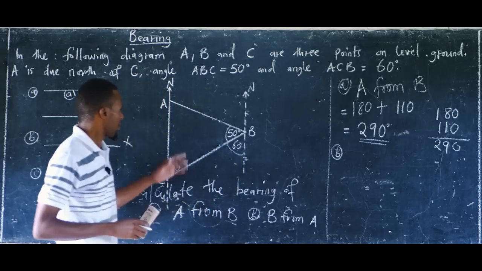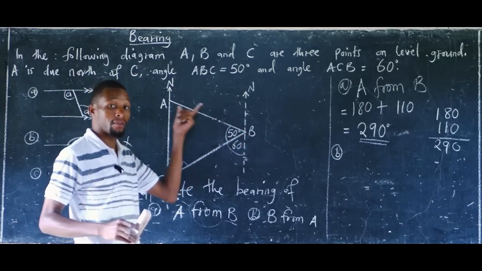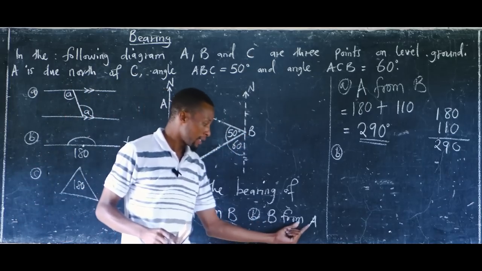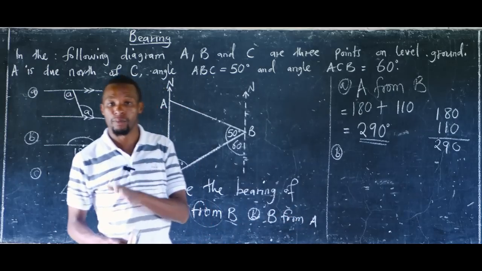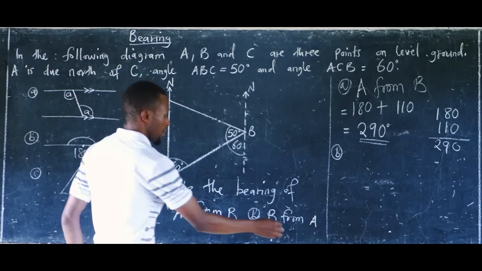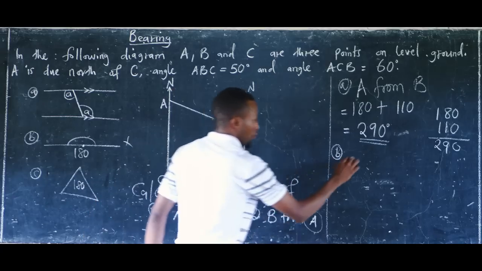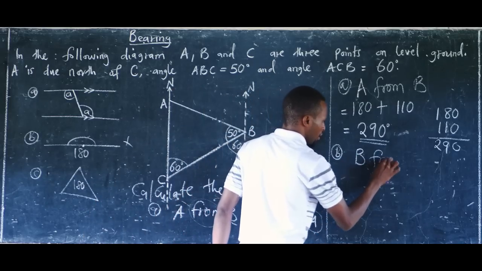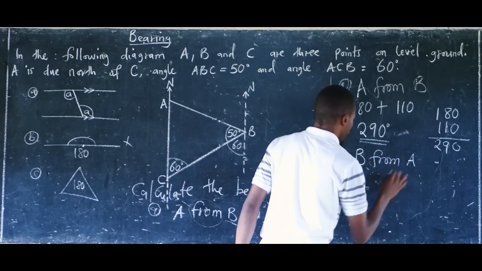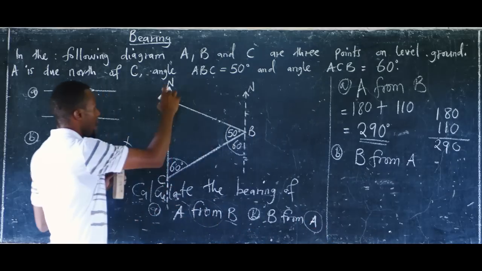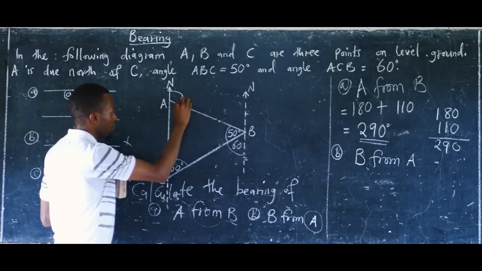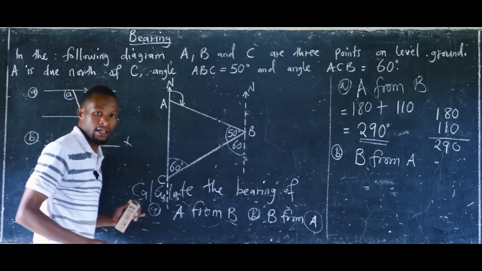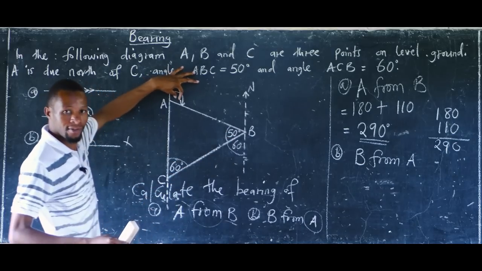So what we want is the bearing of B from A. And I've said the tricky part here, the letter that comes after this word from is our starting point. So in this case, our starting point is what? A. So the bearing of B from A. Here, A is our starting point. So we are drawing, this is the angle up to the line which is connecting A and B. So we want this angle.